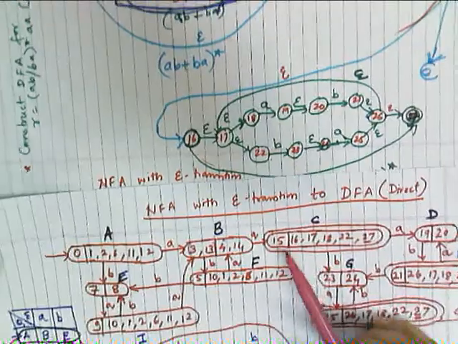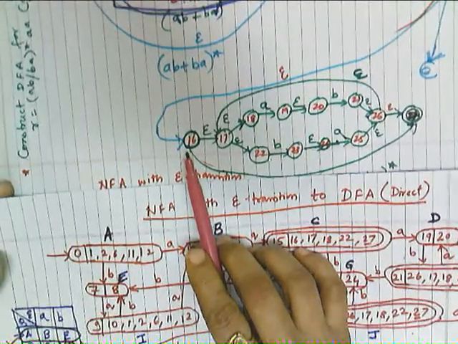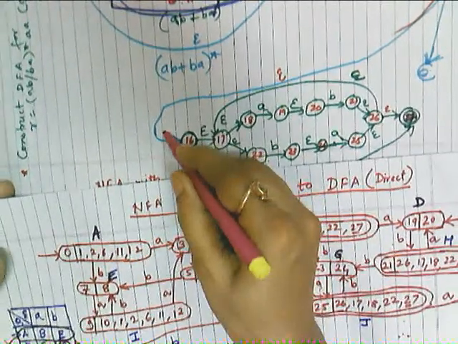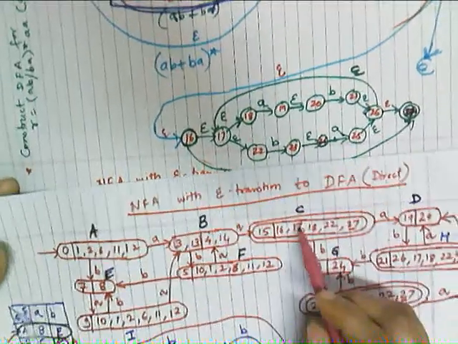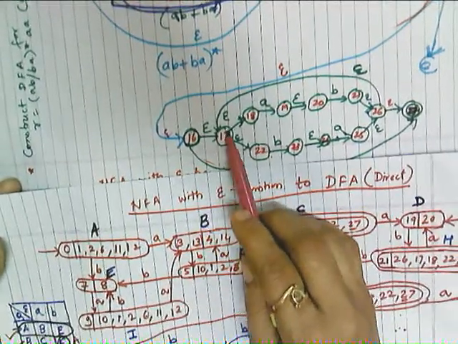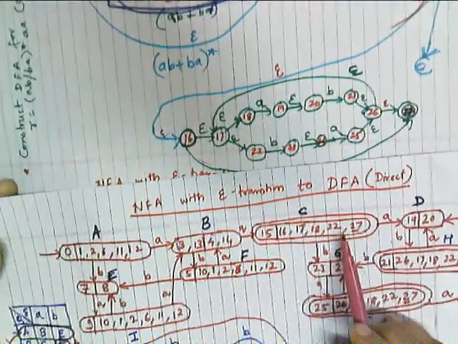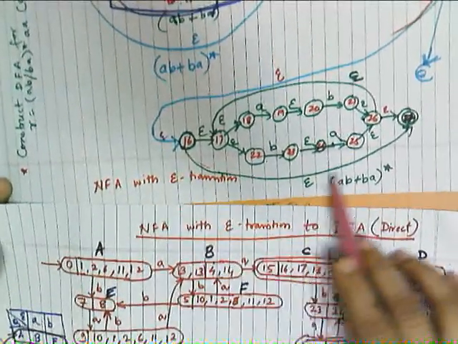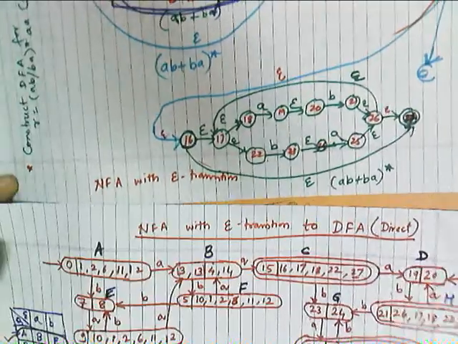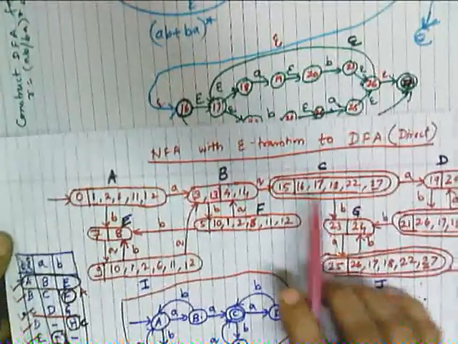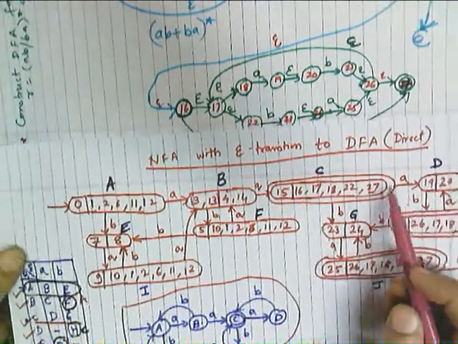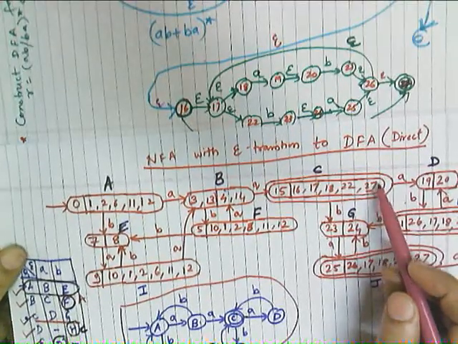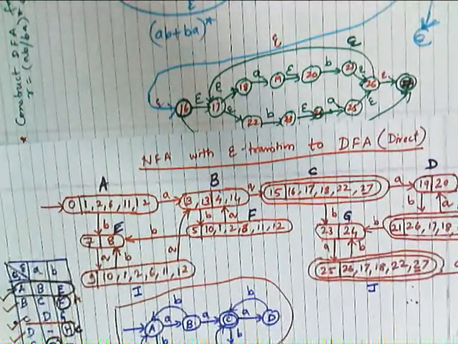So the very first state reachable with epsilon move is 16, then 17, then 18, then 22, and with this particular move it is moving to 27. Now since 27 is involved, we have to make this state a final state.